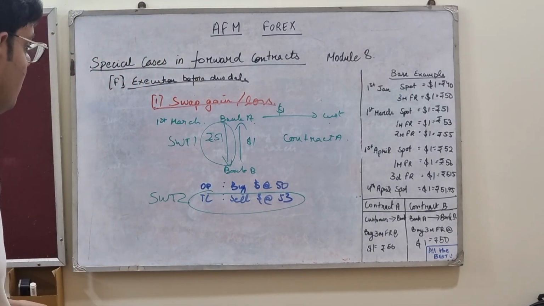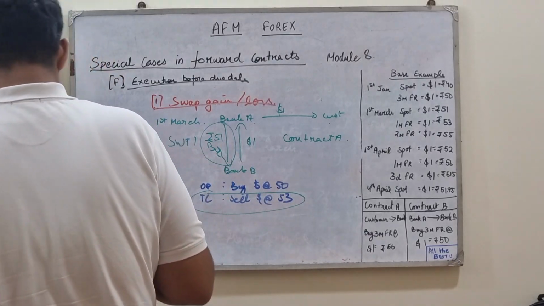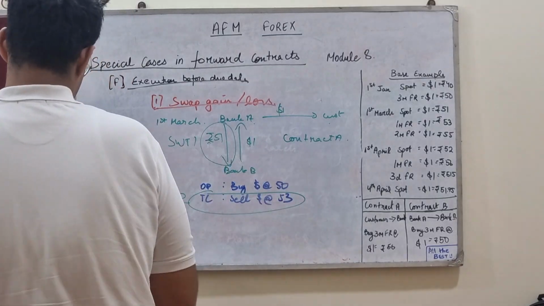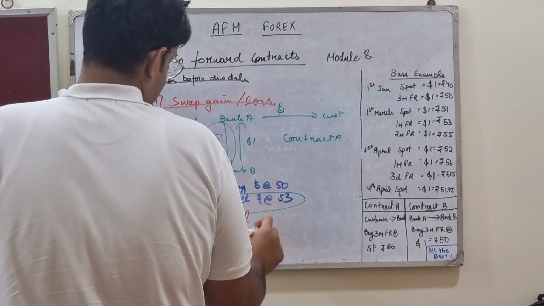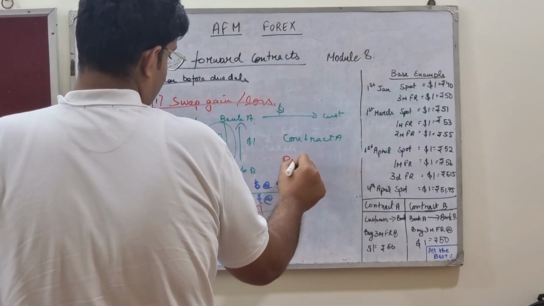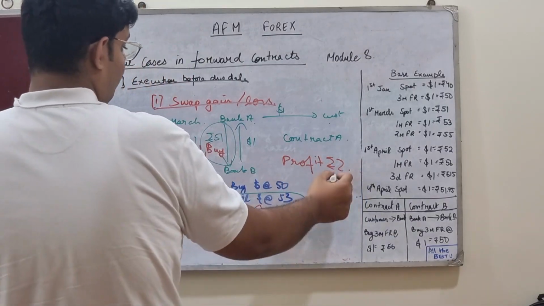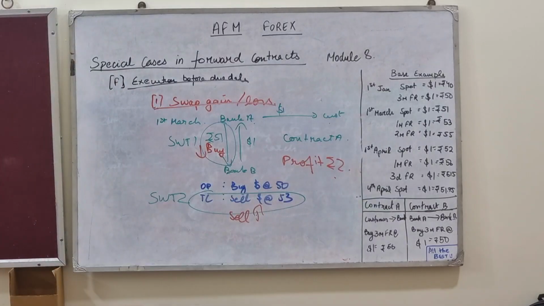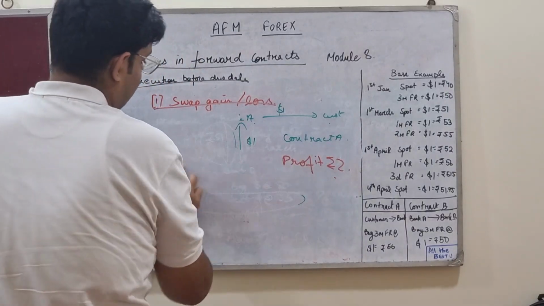To calculate gain or loss, you just see. So this is a buy, this is a sell. So we are selling it high, buying it low. So that's a profit of rupees 2. This profit will be given to the customer. Now, I know the logic is not logicking, but yeah, that's the thing.